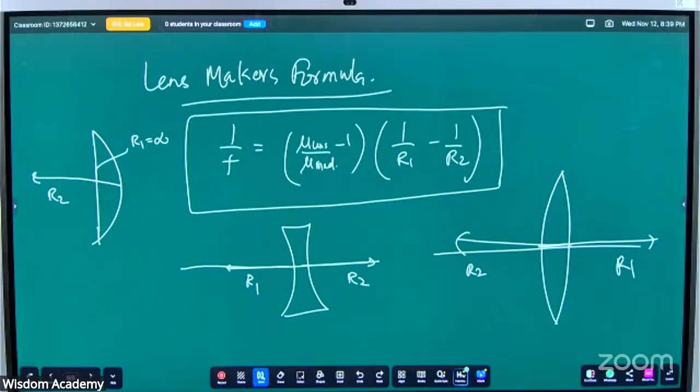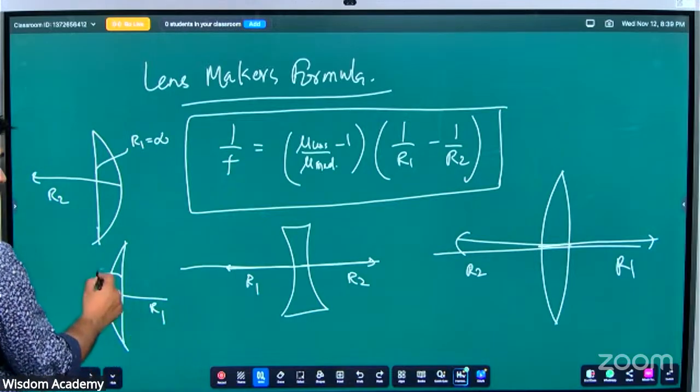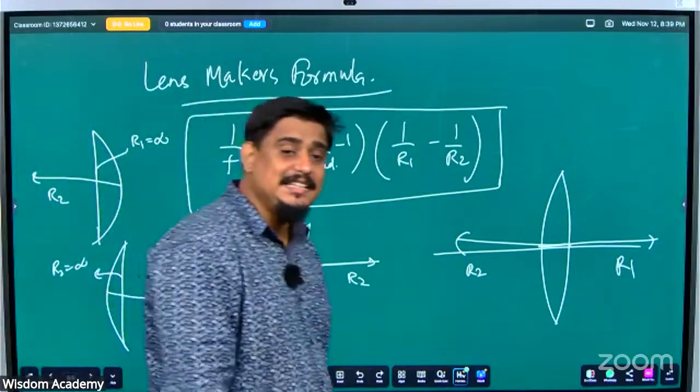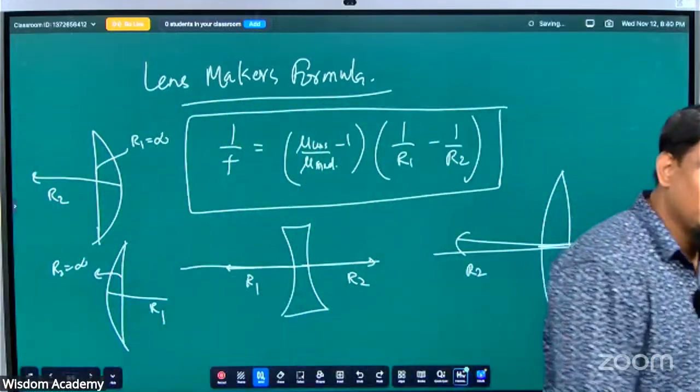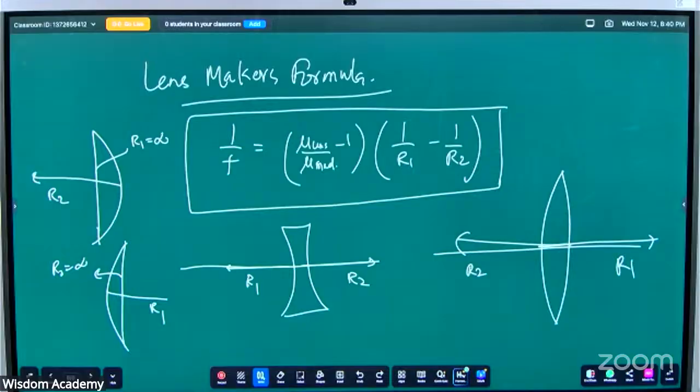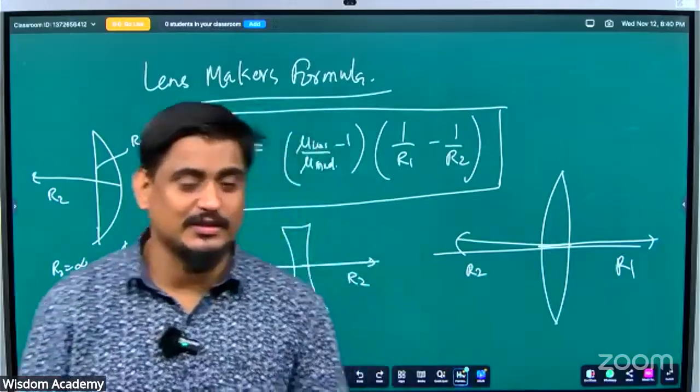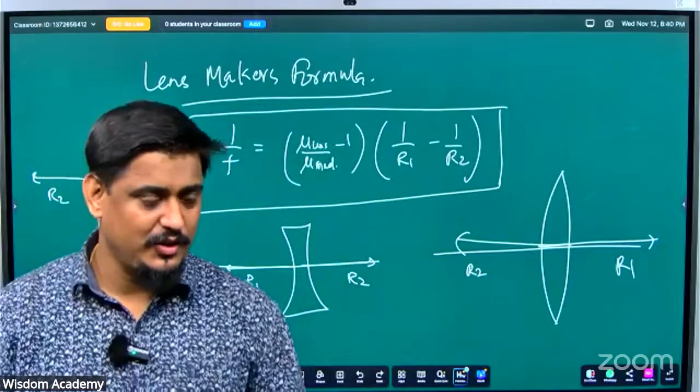You may have like this also. In this, R1 will be positive and R2 will become infinite. Like that, by seeing the diagram, you have to judge what is positive, what is negative, what is infinite. There is no strict formula for this. You have to see the question and understand.